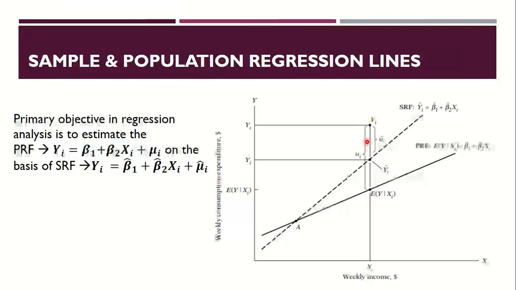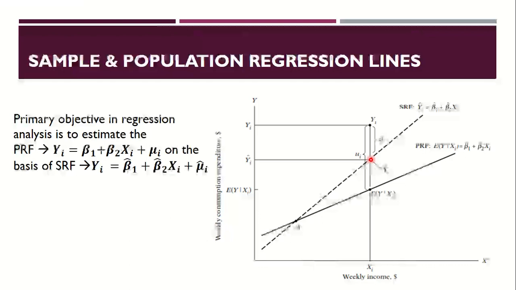This difference, mu i, is the difference between yi minus the expected value of y given x, from this point to this point, denoted by mu i. And the sample point is here, that is yi hat, the estimated value of y.